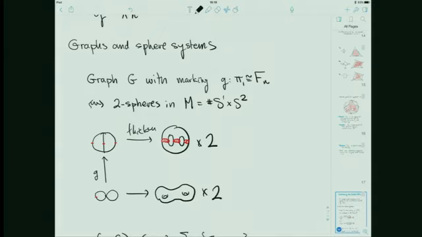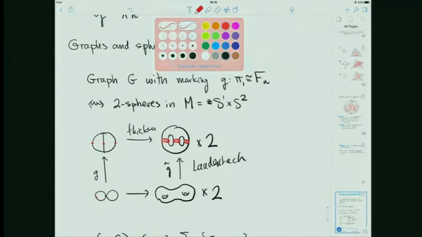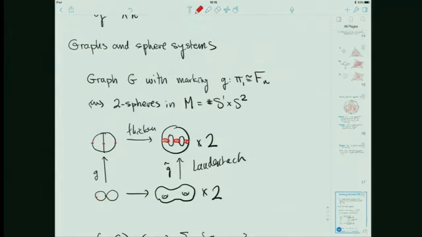Now, a theorem of Laudenbach tells me that this diagram commutes up to homotopy in an essentially unique way. So I can lift this G to a G tilde, and then I can pull back my pretty spheres in the upstairs handlebody back down to this handlebody, and they'll all get messed up.